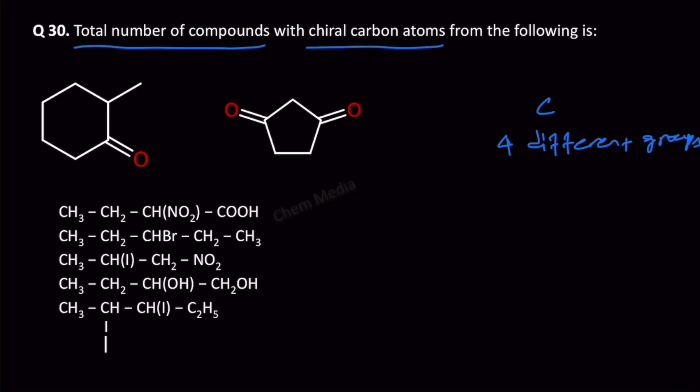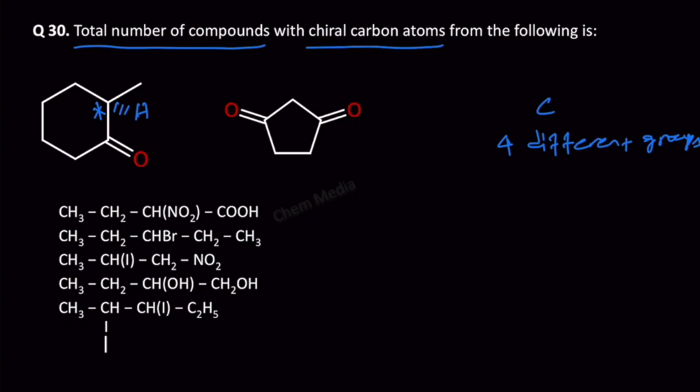So all we need to look for is carbon atoms that have 4 different groups. In this case, we have a hidden hydrogen here. So therefore this is chiral because we have 4 different groups now. Hidden hydrogen, methyl group, and then methylene, and then the carbonyl functional group, the keto group.